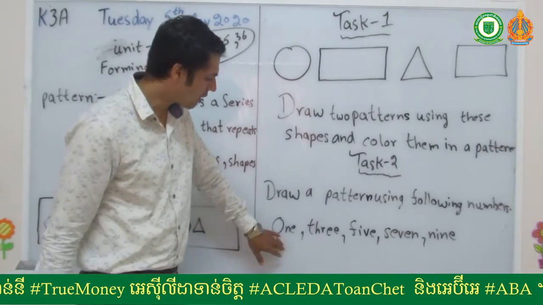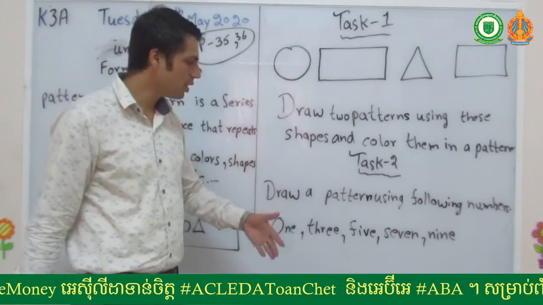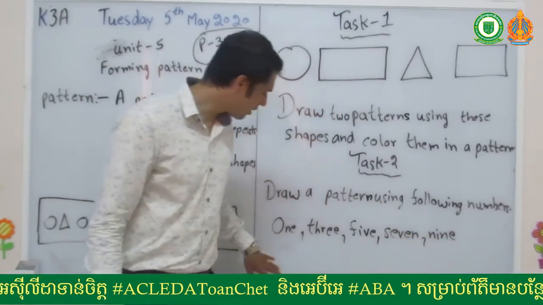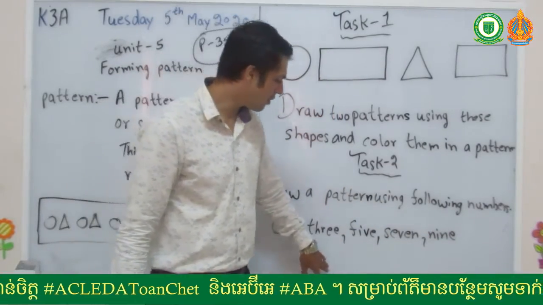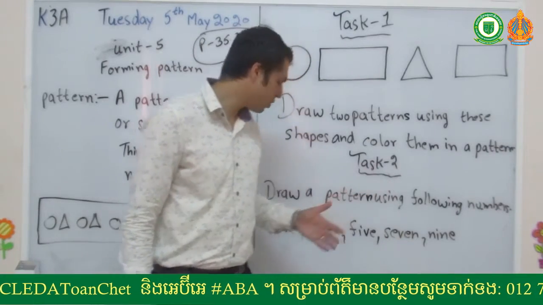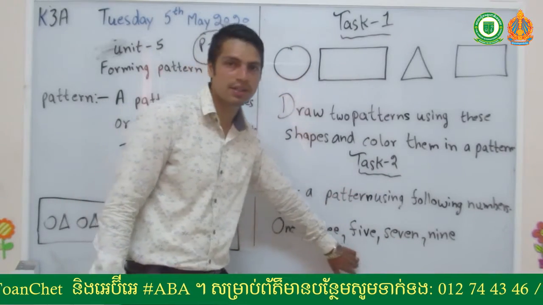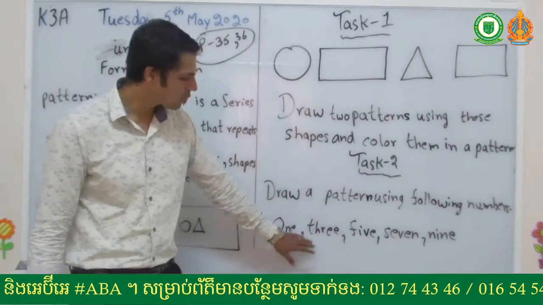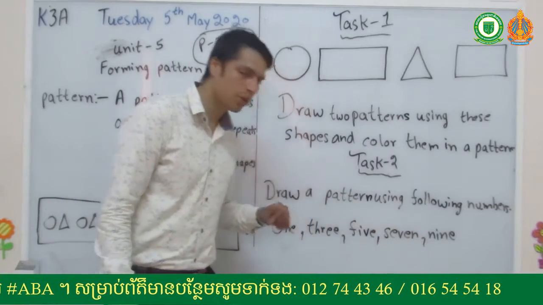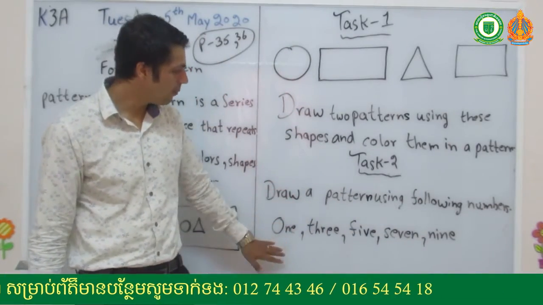You can follow the same sequence, or you can put number 9 in front, like 9, 5, 9, 5, or you can choose 3, 7, 3, 7. You can choose all these numbers or just 2 numbers.